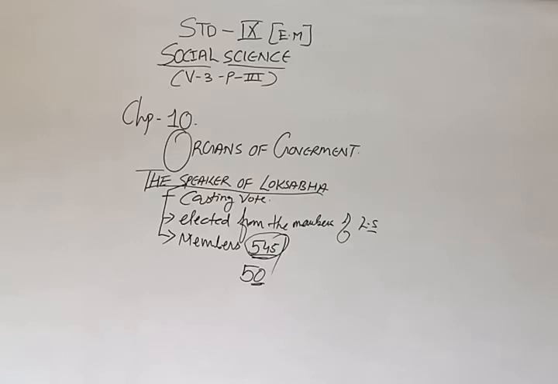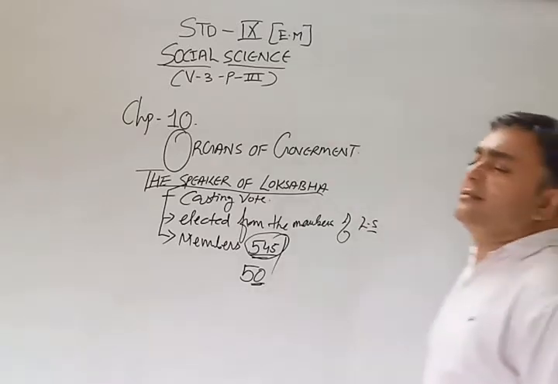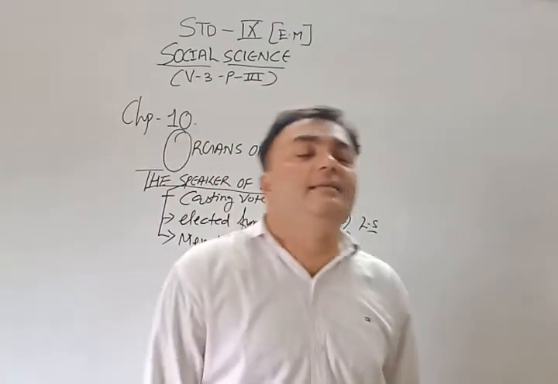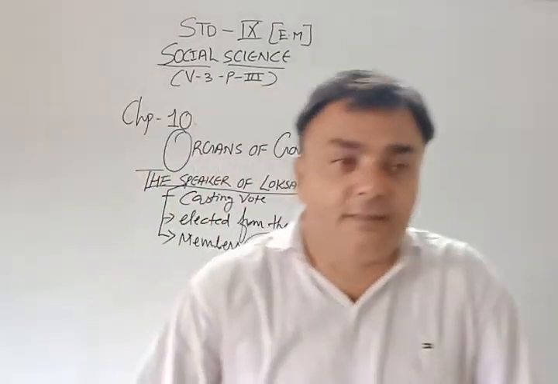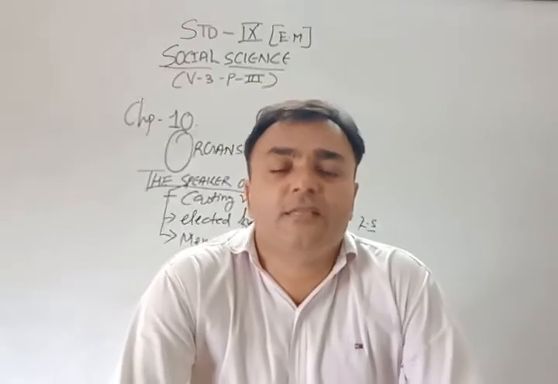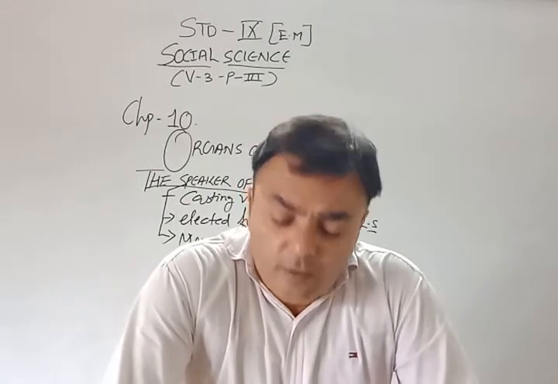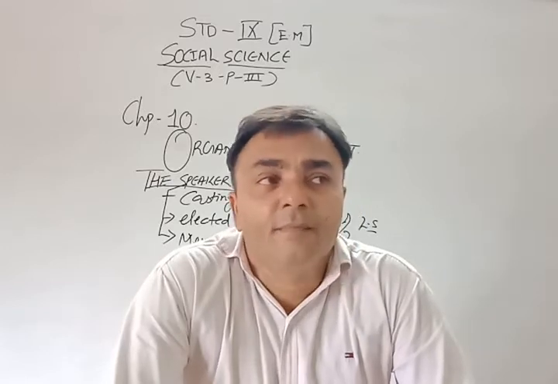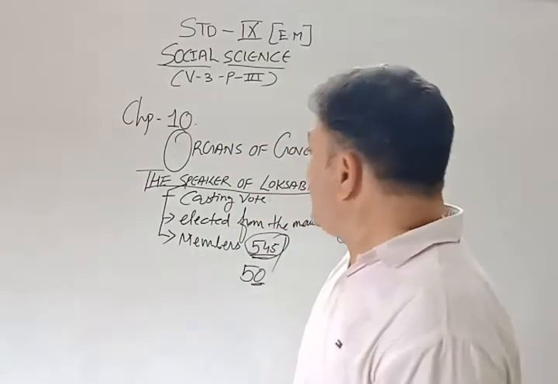If you are constantly absent in your class, obviously your name is cut off from the class. It is the same system over there. For a continuous 60 days, if a member is absent without informing the speaker, his seat is declared vacant.